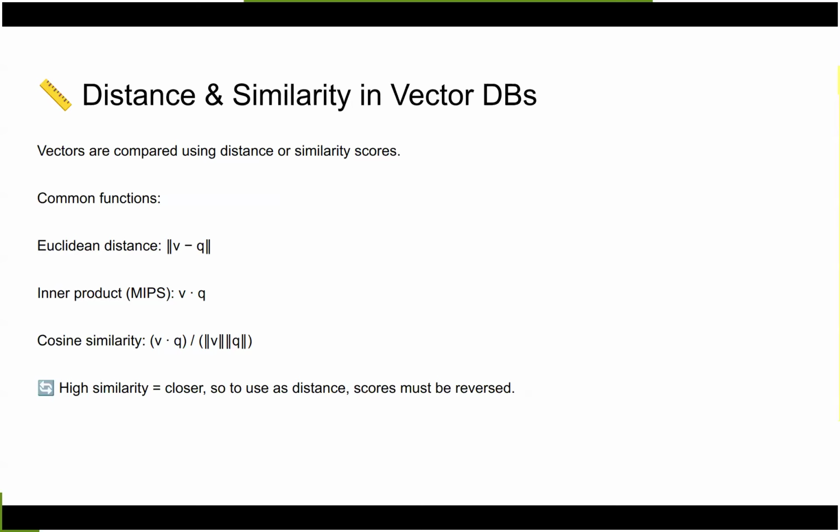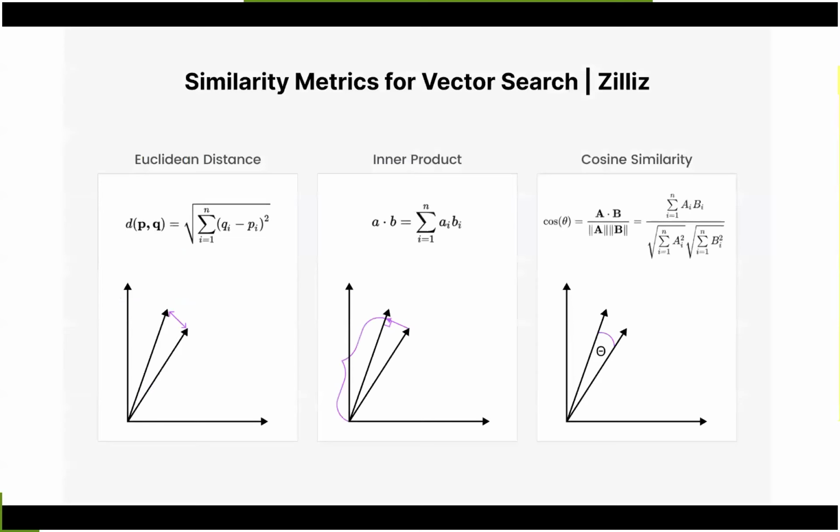But yeah, so if we want to measure the closeness, the similarity of two vectors, you need to define a similarity function, or basically a distance function. People usually use one of these three things: Euclidean distance, which we all know, inner product, and cosine similarity.